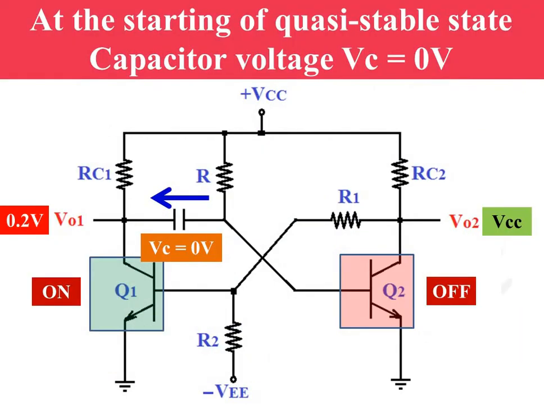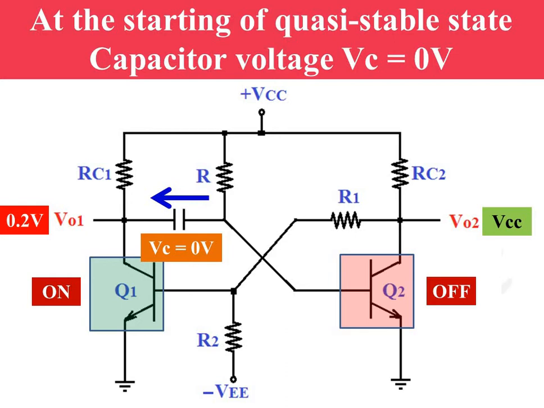So this is the pictorial representation of the same. So transistor Q1 is on, Q2 is off. As transistor Q1 is on, its collector voltage is equal to 0.2 volt. As transistor Q2 is off, its collector voltage is equal to VCC.